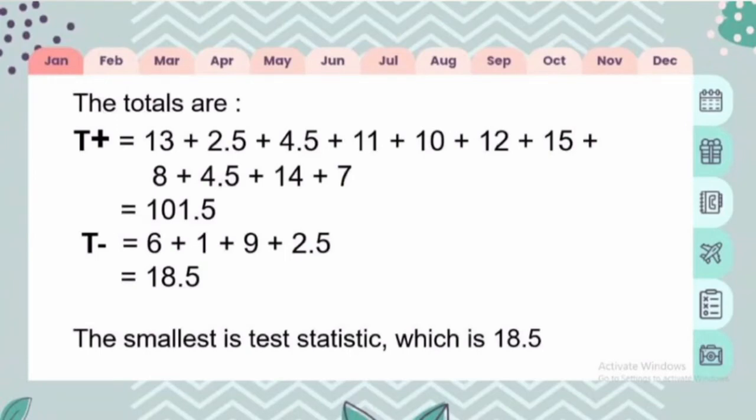T negative is the sum of all the ranks with a negative sign, and the total we get is 18.5. To get the test statistic, we must find which value is smallest. T negative is smaller than T positive, so the test statistic is 18.5.